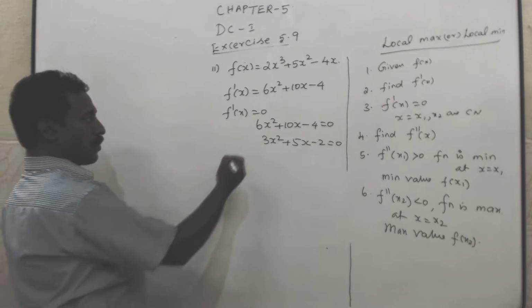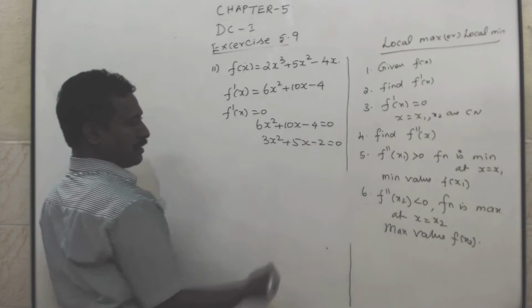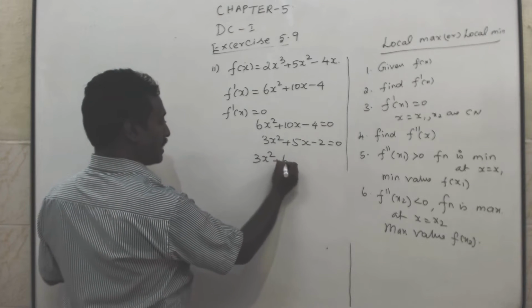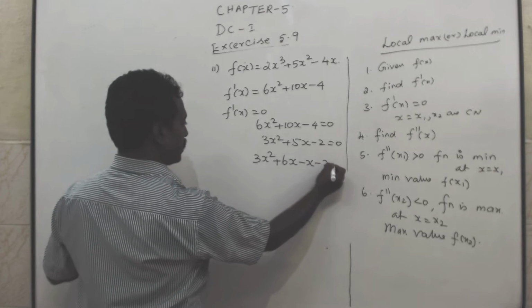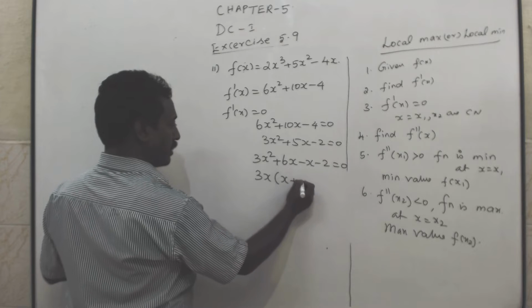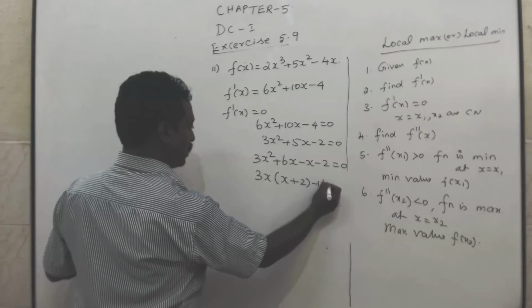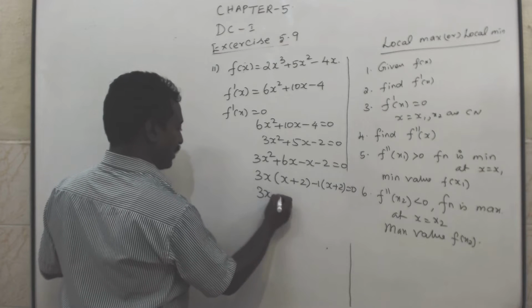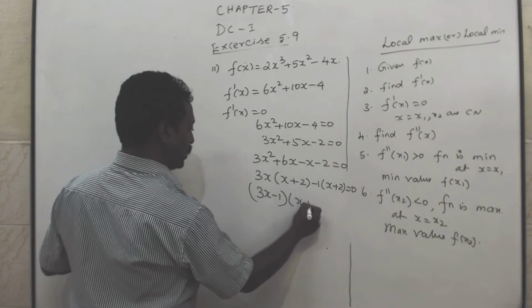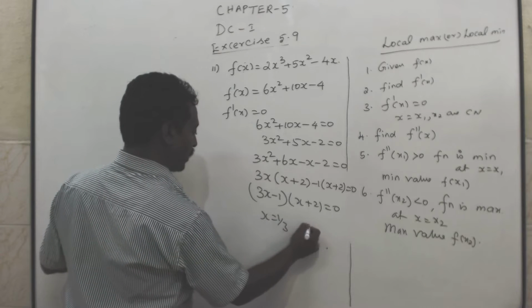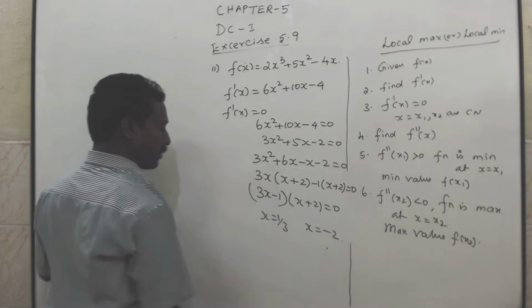Factorize: product is minus 6, difference is 5, so 3x square plus 6x minus x minus 2 equal to 0. 3x common, x plus 2, minus 1 common, x plus 2 equal to 0. So 3x minus 1, x plus 2 equal to 0. x is equal to 1 by 3, x is equal to minus 2.